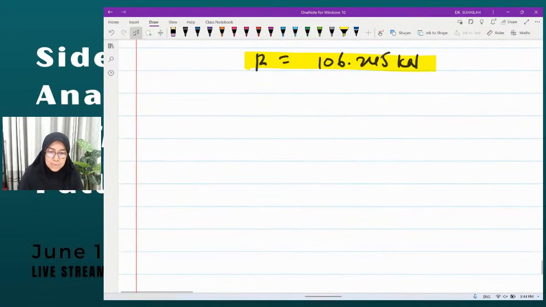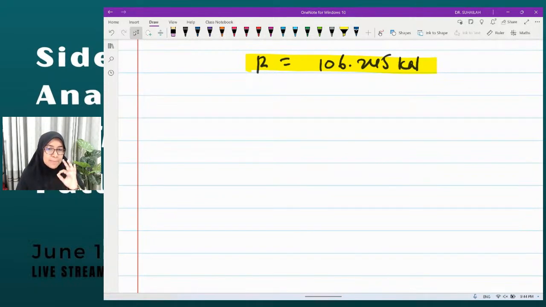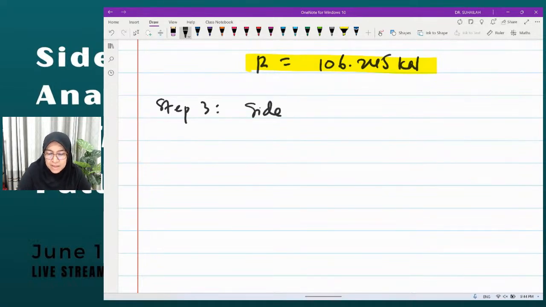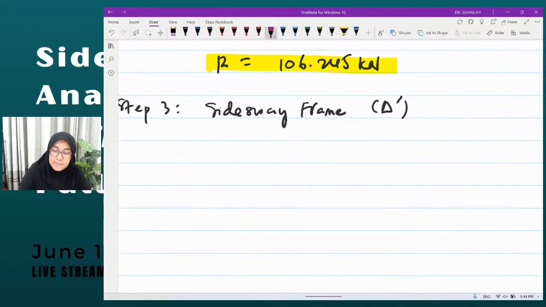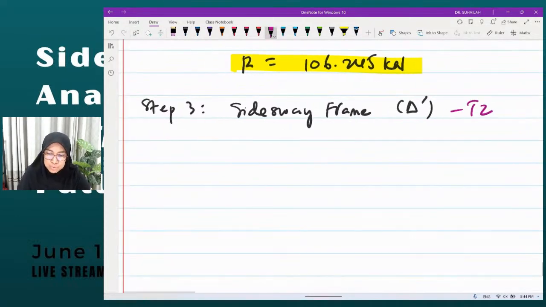Now we are moving to step number 3. Under step number 3, this is the sway frame. The delta prime is for table number 2.